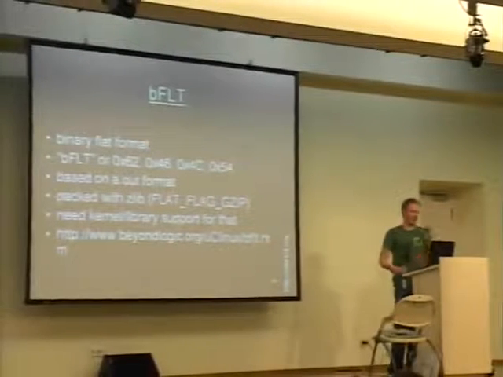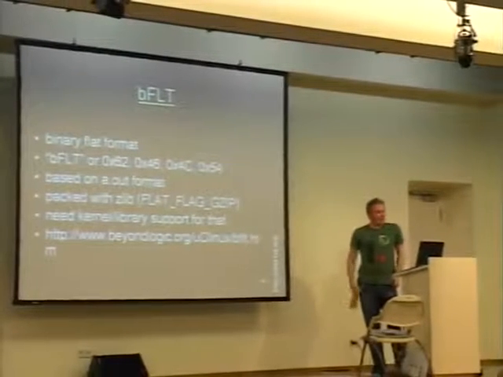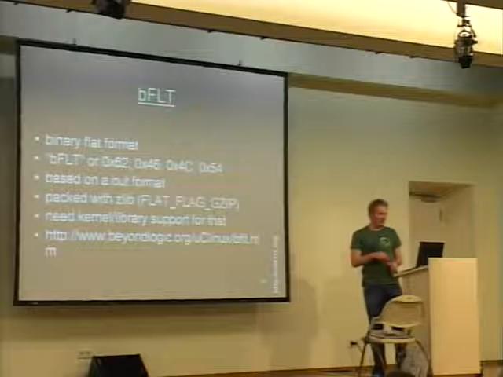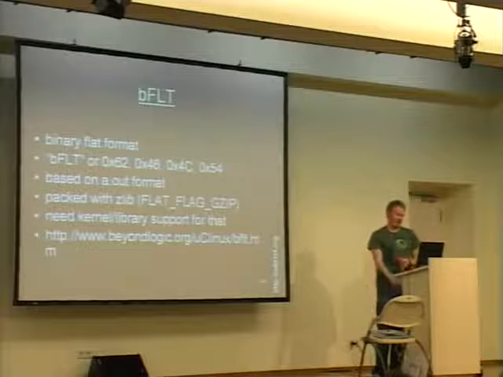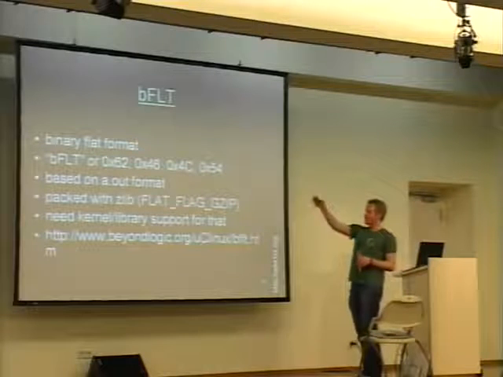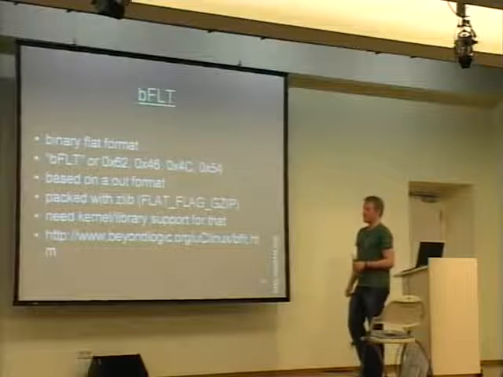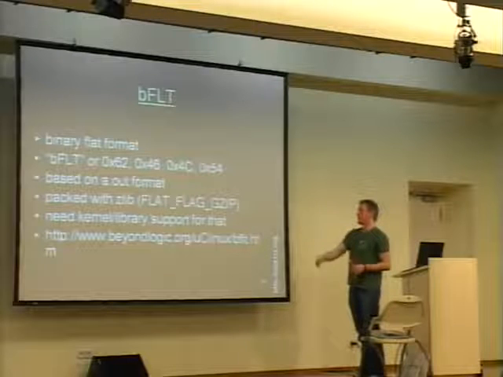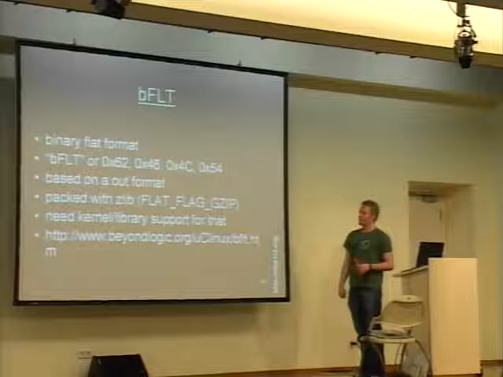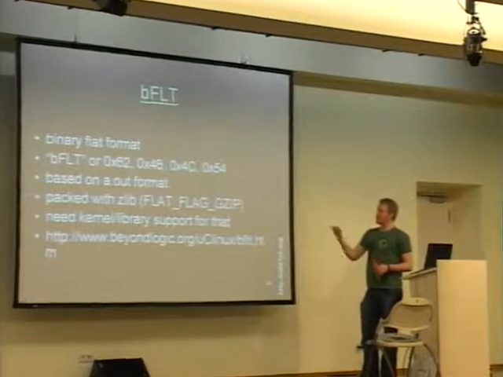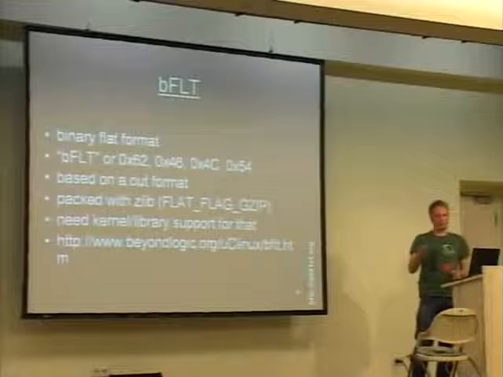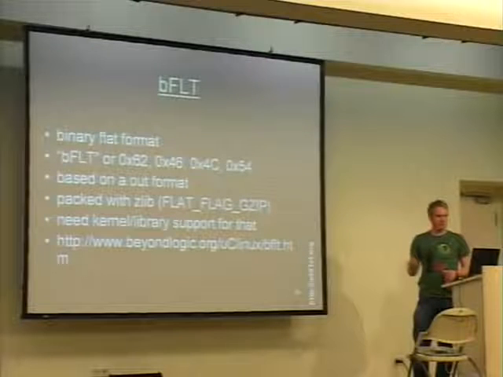Okay, now I come shortly to BFLT. We saw it already. BFLT is some kind of file format, the binary flat format, I don't know. You will recognize it already by the BFLT in the header, so that's very obvious. As I wrote, it's based on the a.out format, and what's pretty cool is you can pack that with zlib. So that's actually what the firmware inspector I showed some minutes ago had found.